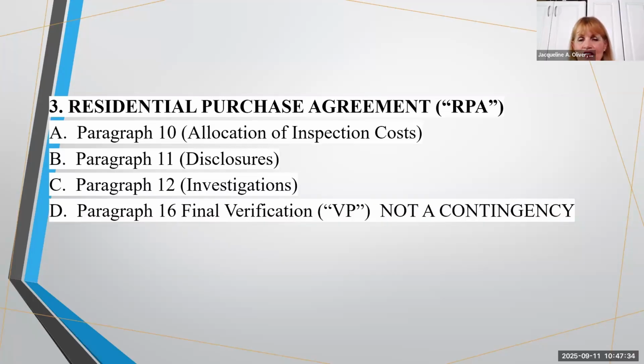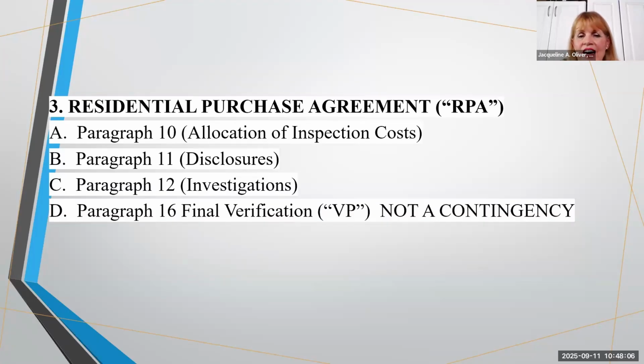Now, let's look at the final verification. So say that you had a request for repairs, and the request for repairs usually have a little laundry list of things that you want done, some plumbing fixtures, or they need to fix some paint that is not sealed, or etc. And so they make a list, and the seller receives it and agrees to it. And then they get there and they do a final verification.